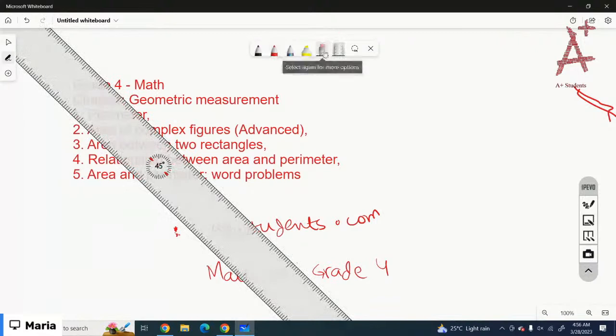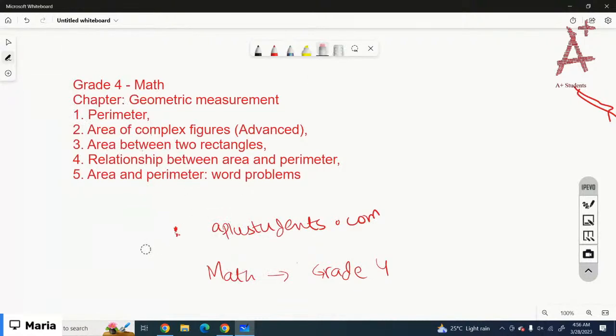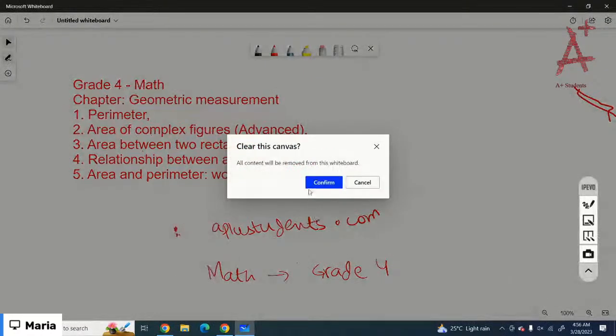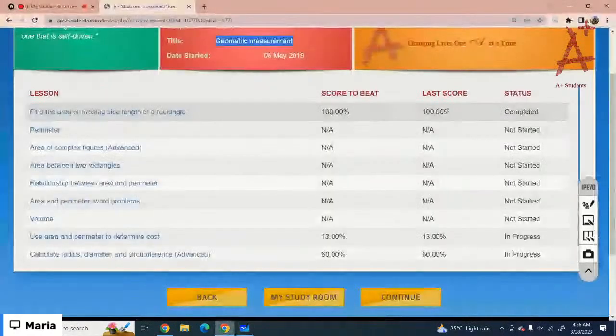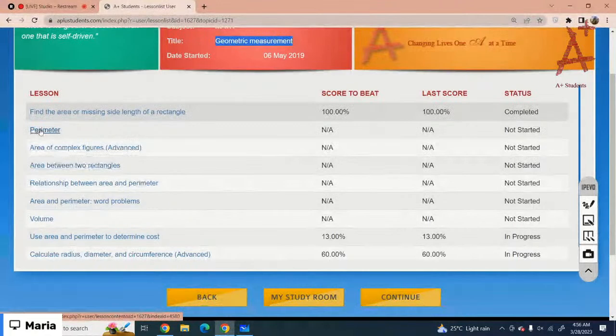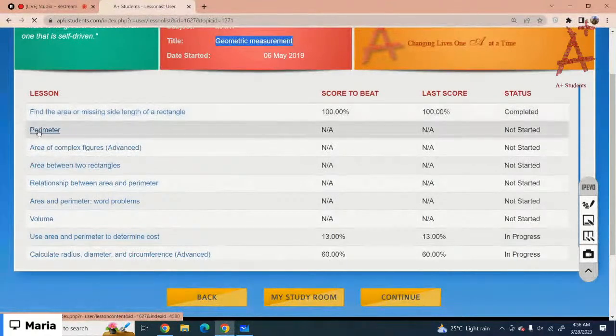So let's start with the first lesson, that is perimeter.